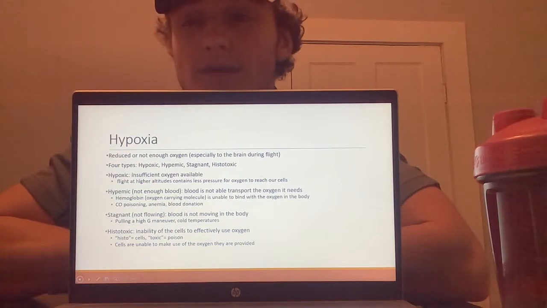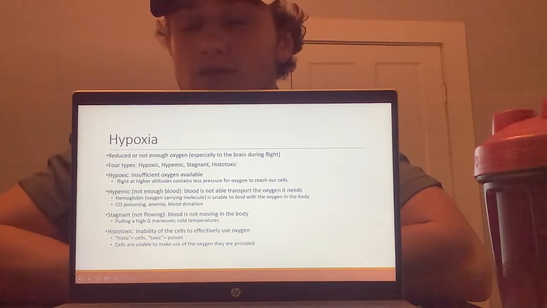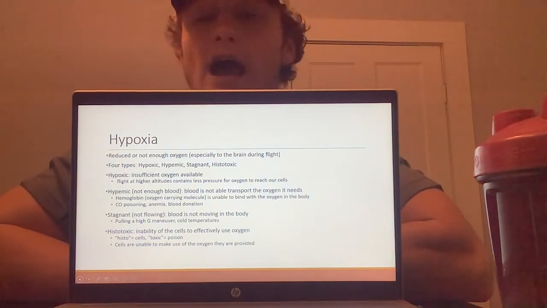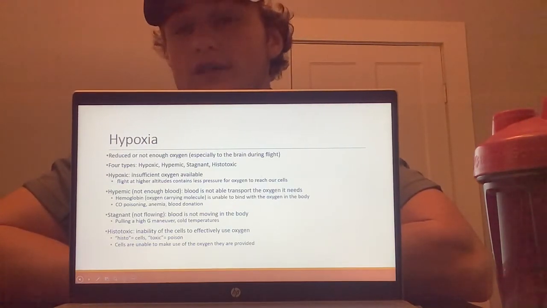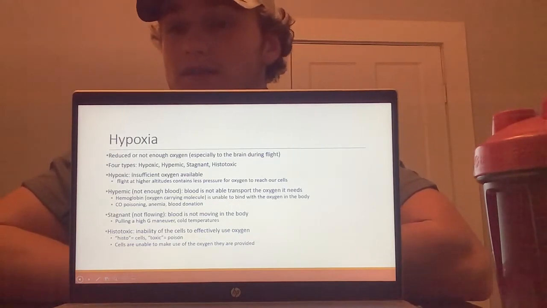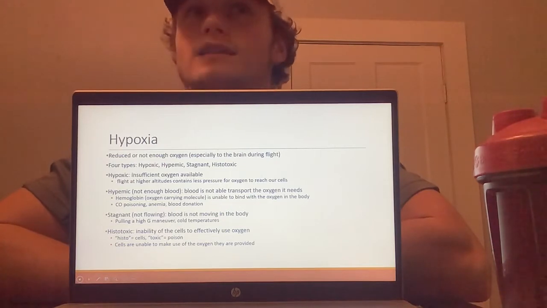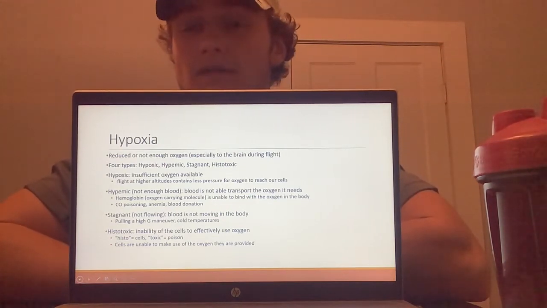There are 4 different types of it: hypoxic, hypemic, stagnant, and histotoxic. Those four types are different ways the oxygen is not reaching the body. The first one, which affects pilots the most, is hypoxic hypoxia, where there's an insufficient amount of oxygen available to the body.